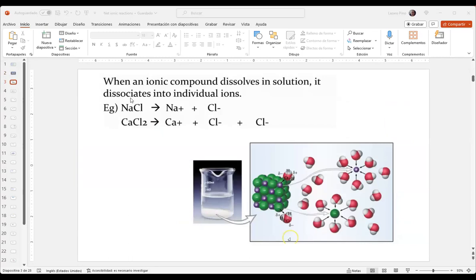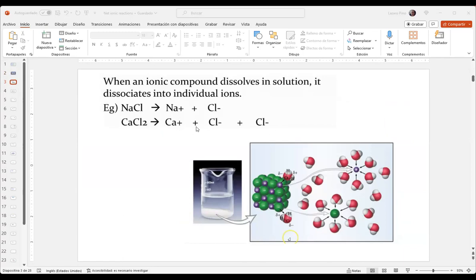Let's see, here we have sodium chloride and calcium chloride. Both are ionic compounds. They are made of cations, that are positive ions, and anions, that are negative ions.